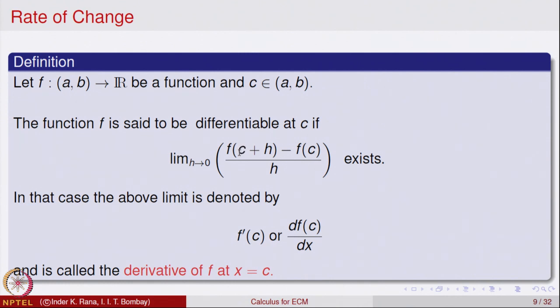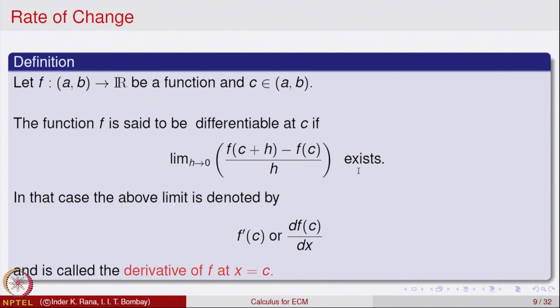So, we will look at the change f of c plus h minus f of c divided by h. c plus h could be on the positive side or on the negative side, depending on whether h is positive or negative. So, this is the change for a change of h units in x. One would like to know the limit of this as h goes to 0.